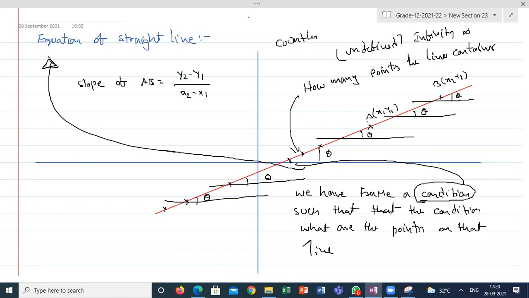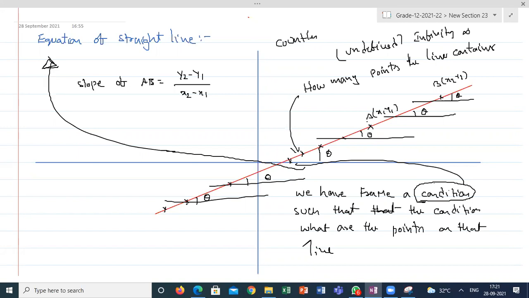That means if I take a graph for that equation, the points lying on that graph will represent that equation. So instead of saying 100 points or 200 points, a simple equation which can replace all those points will represent the straight line. So that is called the equation of a straight line.